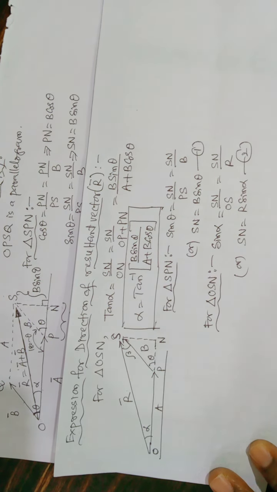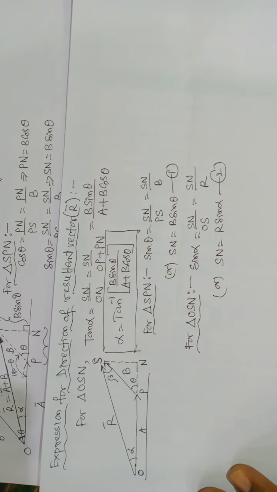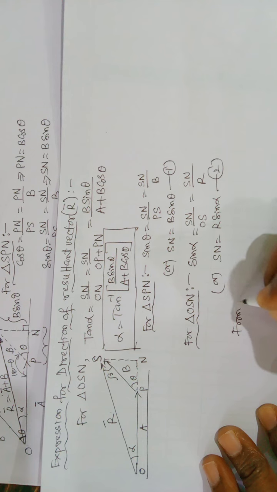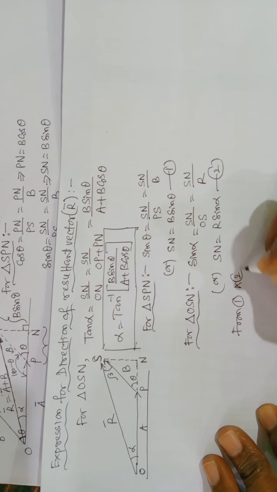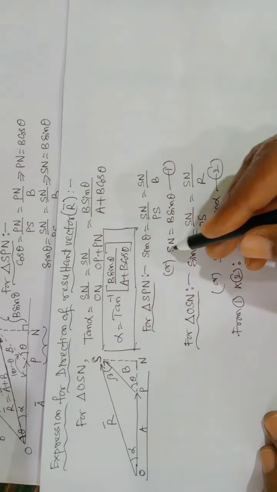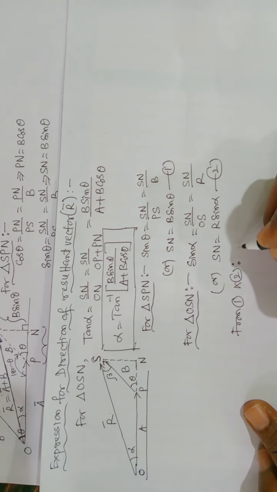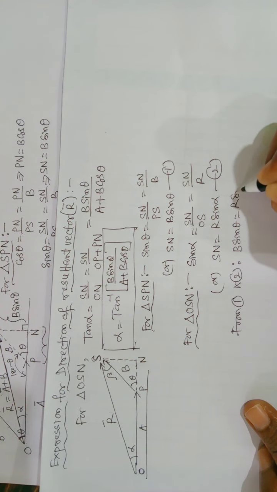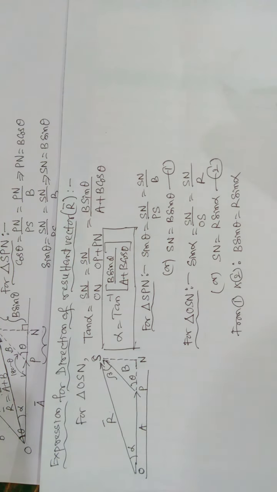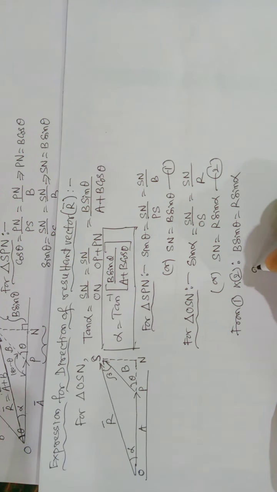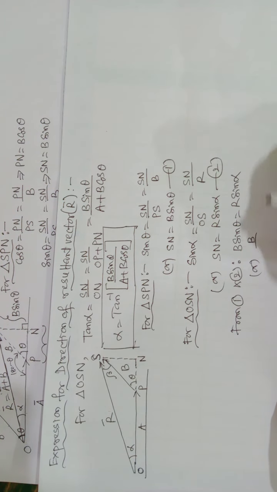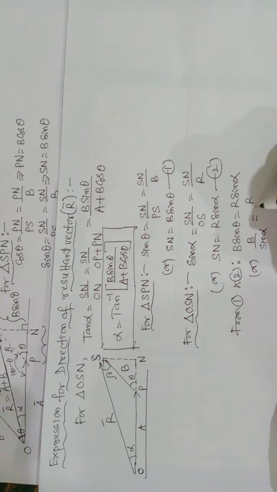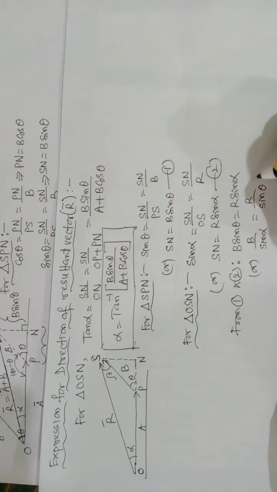See, these two expressions are for SN only. From 1 and 2, the LHS are equal, therefore the RHS will be equal. So B sin theta is equal to R sin alpha, or taking sin alpha to the left side, B by sin alpha is equal to R by sin theta.